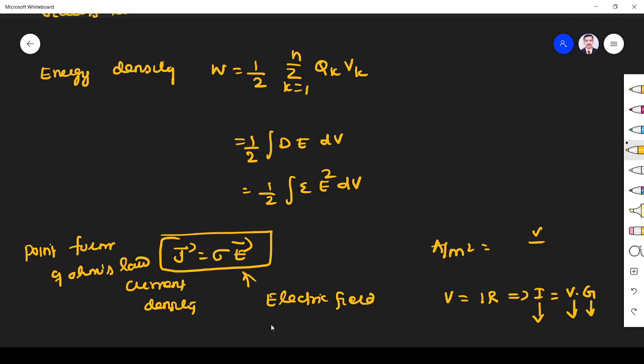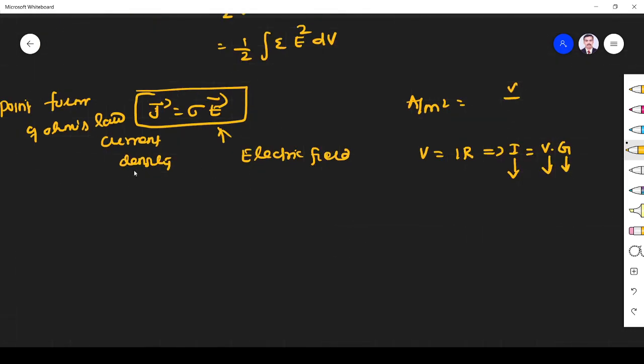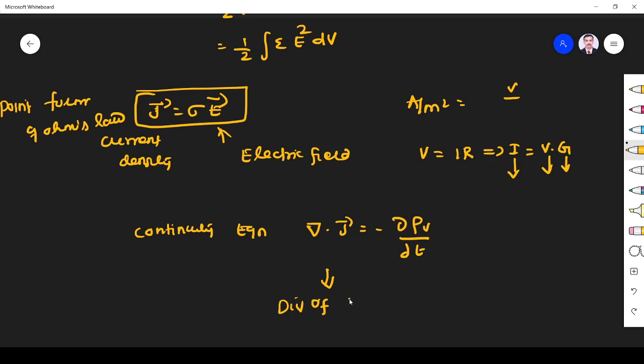Fine. And the last thing we have to remember, and the most important, is the continuity equation. The continuity equation is given by del dot J is equal to minus dou rho V by dou t. So it indicates the divergence of current density.